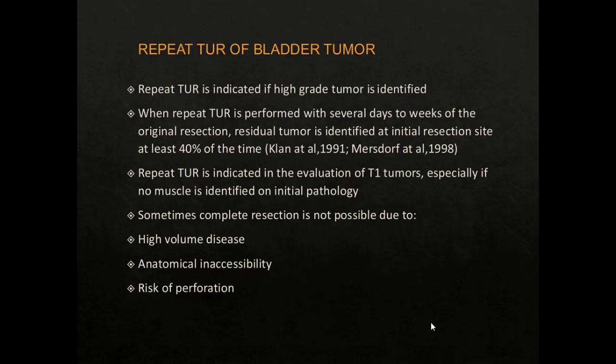Repeat TUR is indicated in the evaluation of T1 tumors, especially if no muscle is identified on the initial pathology. Sometimes you have to do a partial resection when complete resection is not possible due to high volume disease, anatomical inaccessibility, or the risk of perforation. So you do the repeat TUR of bladder cancer.